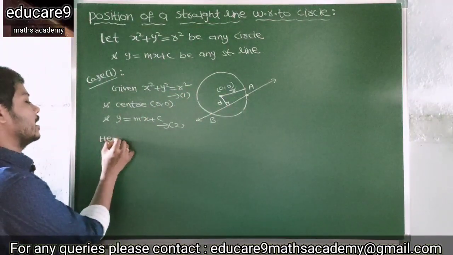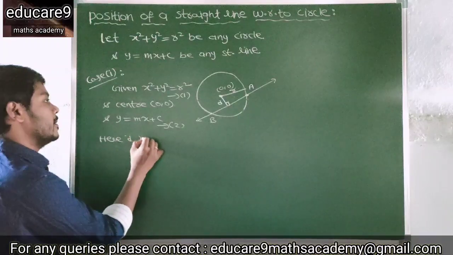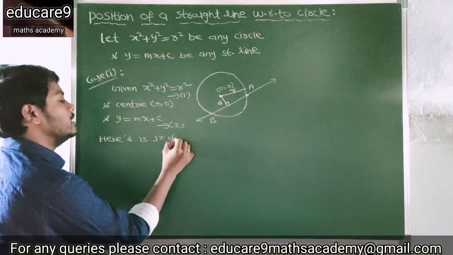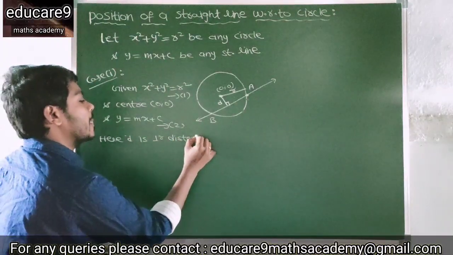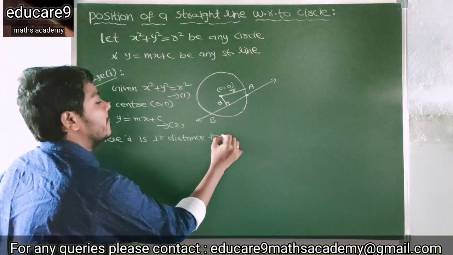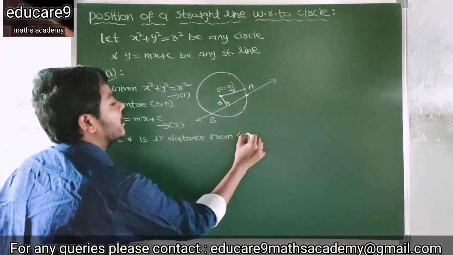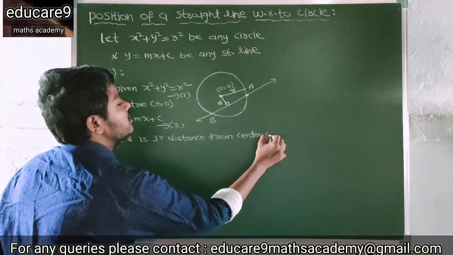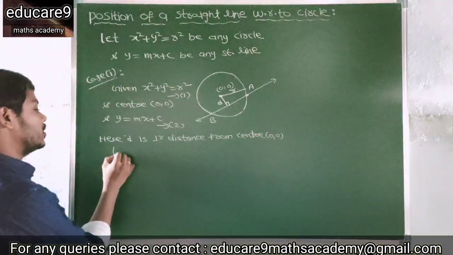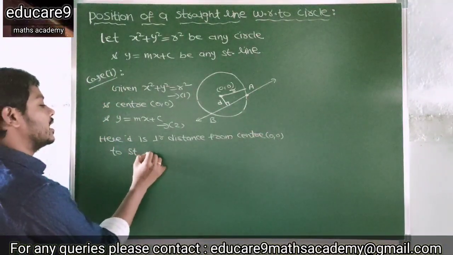Here d is the perpendicular distance from center 0, 0 to straight line 2.